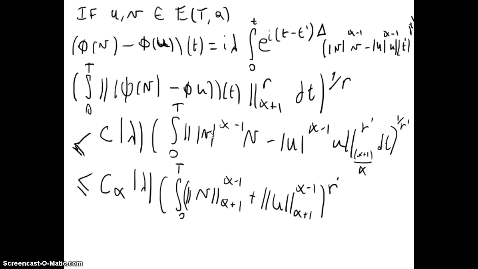Now if we separate all this in a good way, we can obtain on this side this, and then here multiply the norm of v minus u in L^{r prime} alpha plus 1, dt to the 1 over r prime.